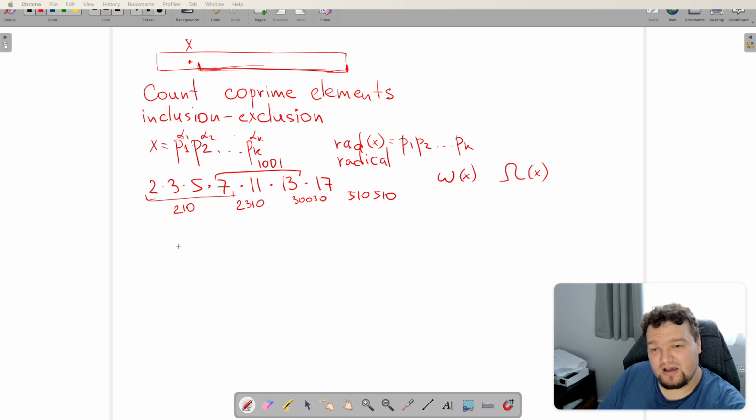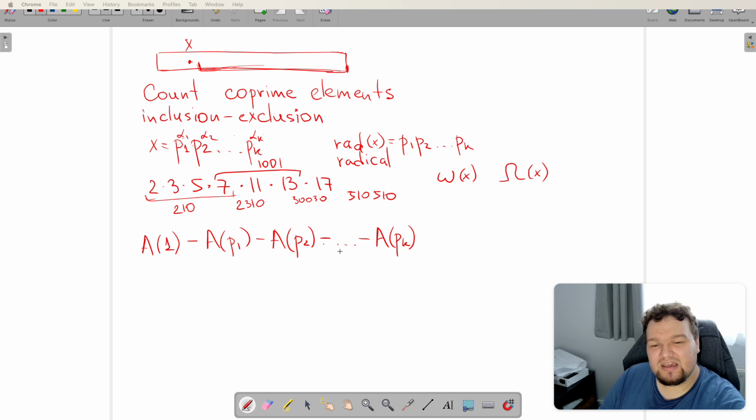So the number of k-prime numbers is the number of ones that are divisible by 1, which is all of them, minus those that are divisible by p1, minus those that are divisible by p2, and so on, and those that are divisible by pk.